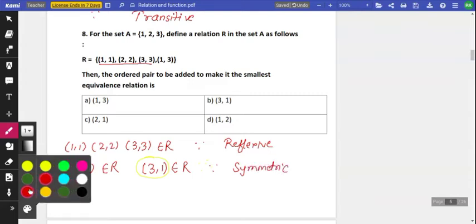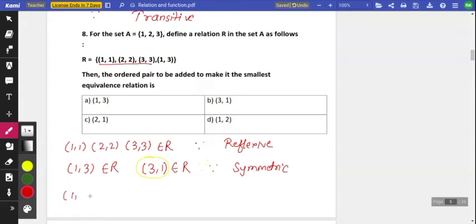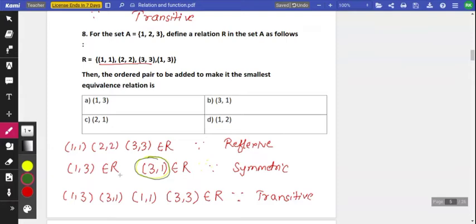To make it transitive, (1,3), (3,1), (1,1), and (3,3) should belong to R. So you have to add only (3,1) to make the relation an equivalence relation. So the correct answer is option B.